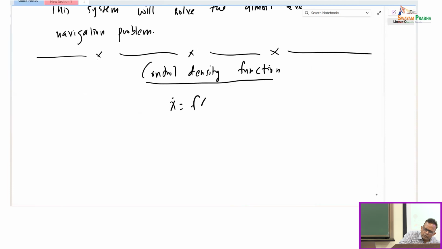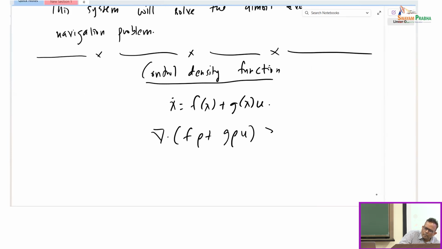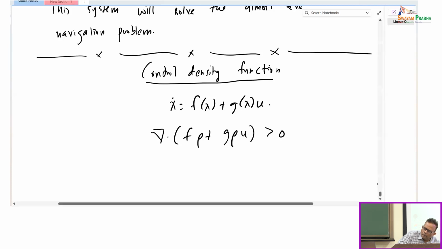So let's say you have x dot equals f of x plus g of x u, right? What I told you yesterday was that if I want to design this controller for stabilization, then that becomes a convex problem in this dual space. The condition for that is given by divergence of f rho plus g rho u is greater than 0, right?